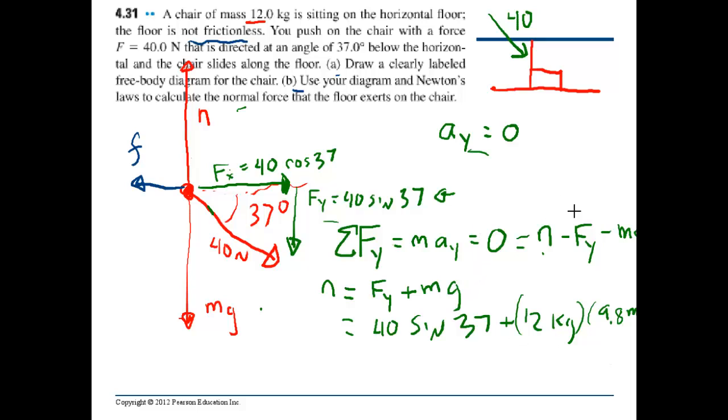I've already taken the negative into account when I drew the gravity in the negative direction. So you punch that into your calculator and you come out with 142 newtons.